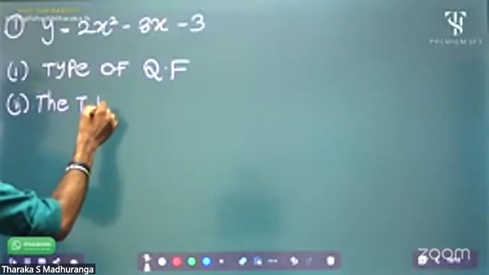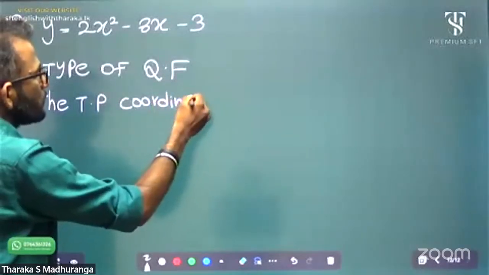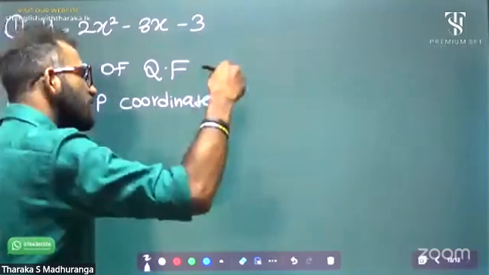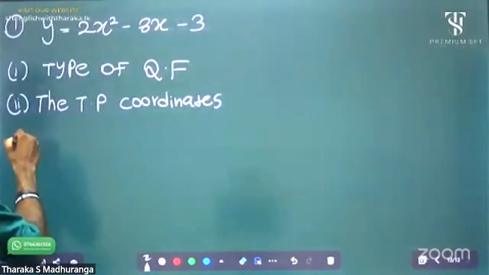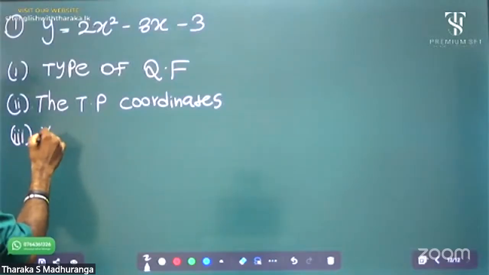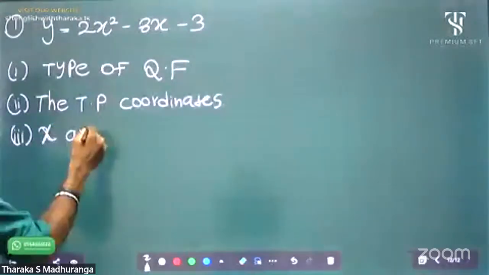Turning point coordinates, that means at the turning point, what are the x and y coordinate values? Third one, x-axis cutting points.